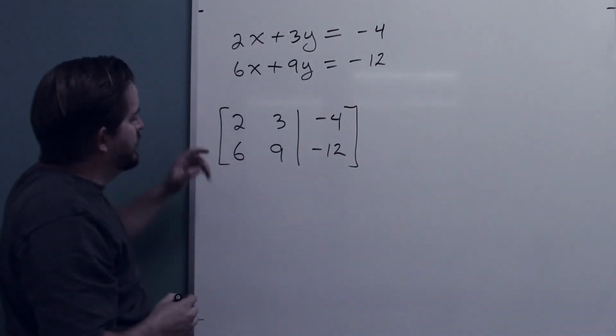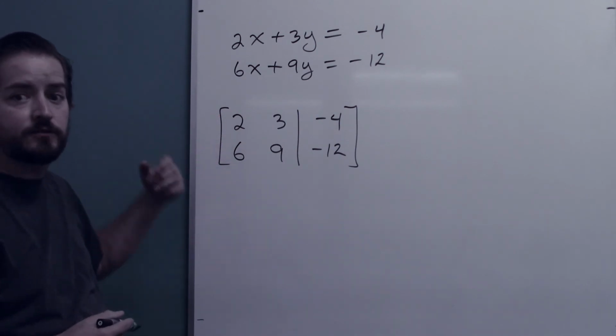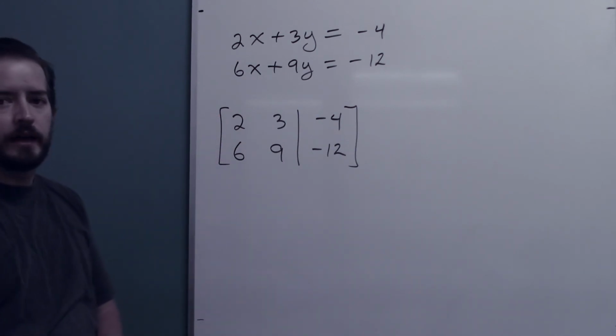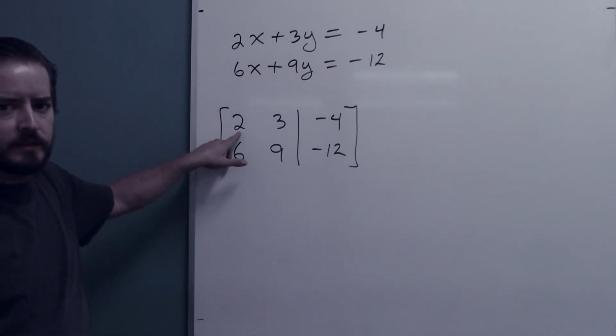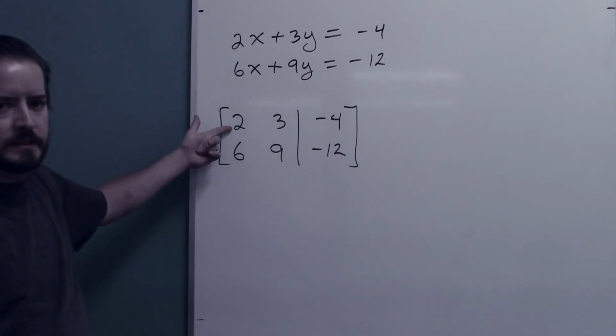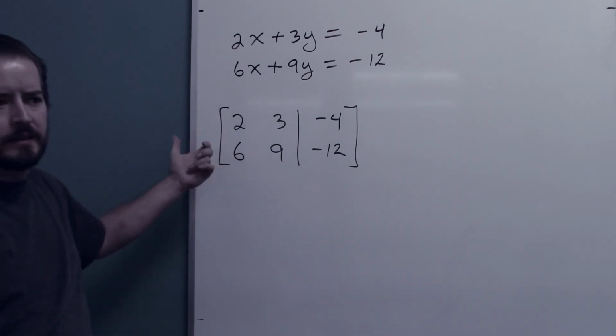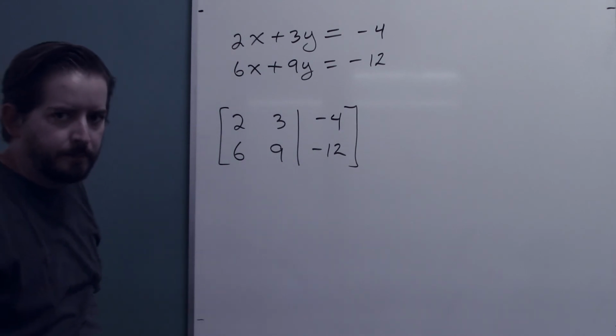Now if I come across this situation where I have a 2 and a 6, it's very difficult to make a 1 out of those, right? Because no matter how many times I multiply this 2 by a nice whole integer, I'm going to get something that's even. And it's hard to take the difference between two evens and get a 1, right?